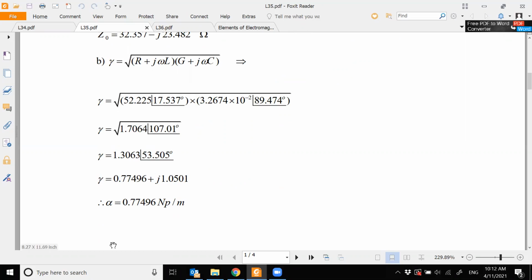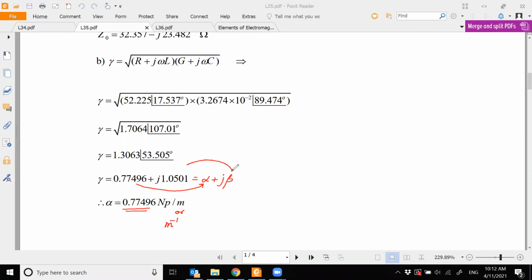And if I compare this with my expression of gamma, which is alpha plus j beta, I can say that my alpha is 0.7749 nepers per meter, or as I told you, people also use meter to the power minus 1.